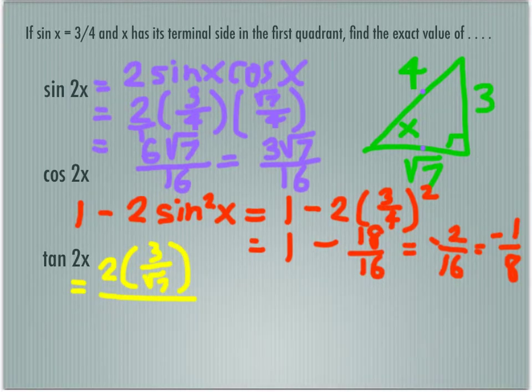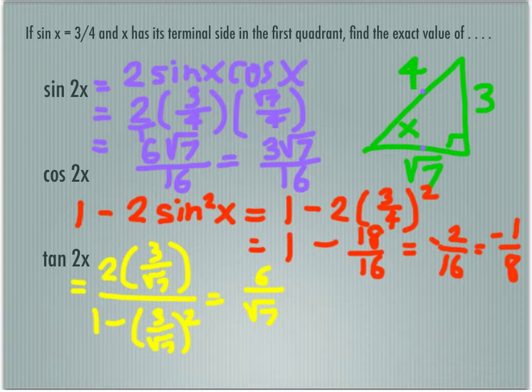That's in my numerator. And my denominator will be 1 minus that tangent squared, so 3 over the square root of 7, squared. So my numerator, I'm going to get 6 over the square root of 7.